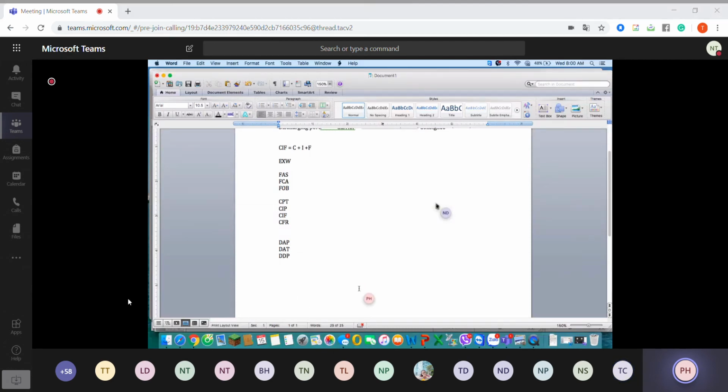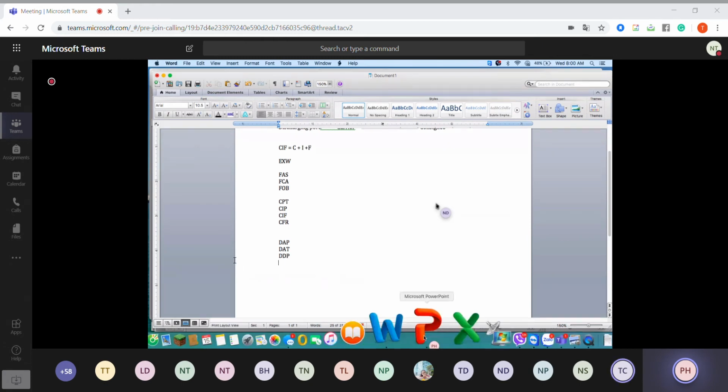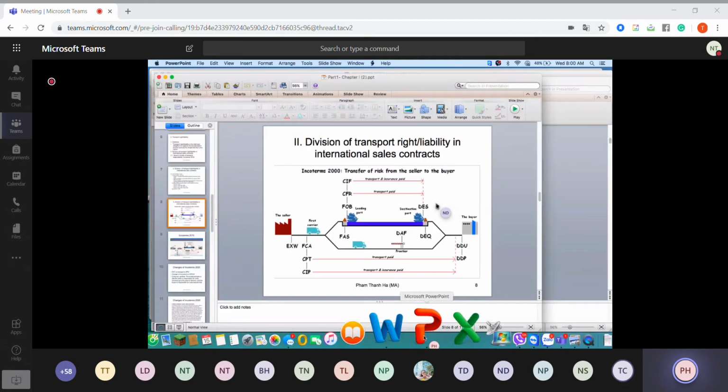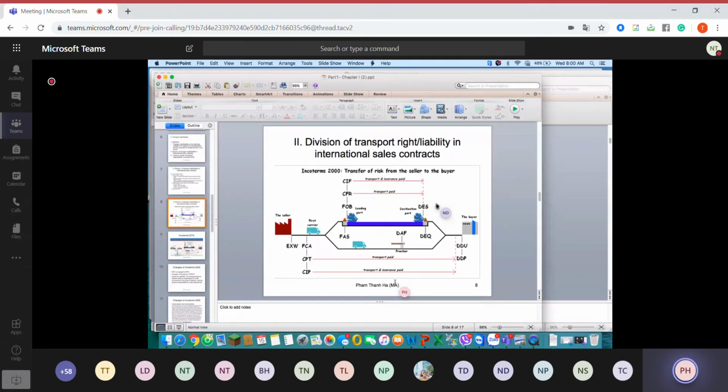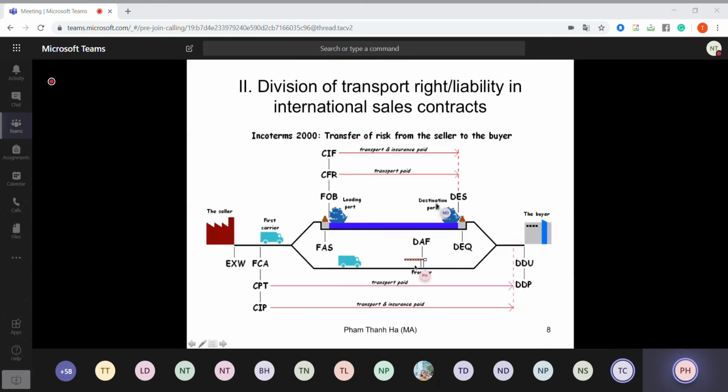But I'd like to introduce it from the older version, Incoterms 2000, so you can see the process of changes among the three versions: Incoterms 2000, 2010, and Incoterms 2020. So this is the version Incoterms 2000.